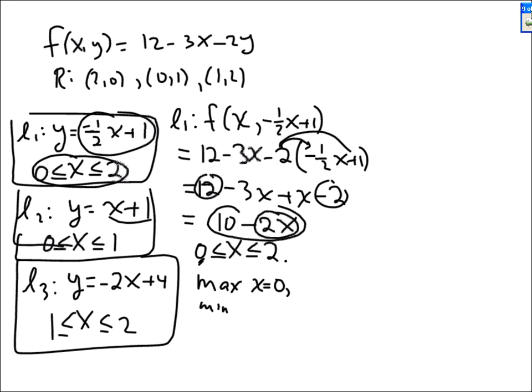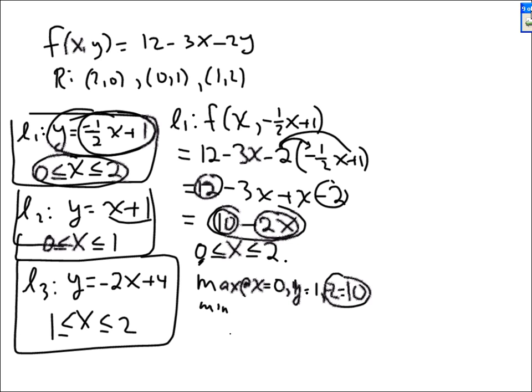And y, well, y is 1. Negative a half times 0 is 0, plus 1 is 1. You have a max at (0, 1), y equals 1, and the max value of z is 10.